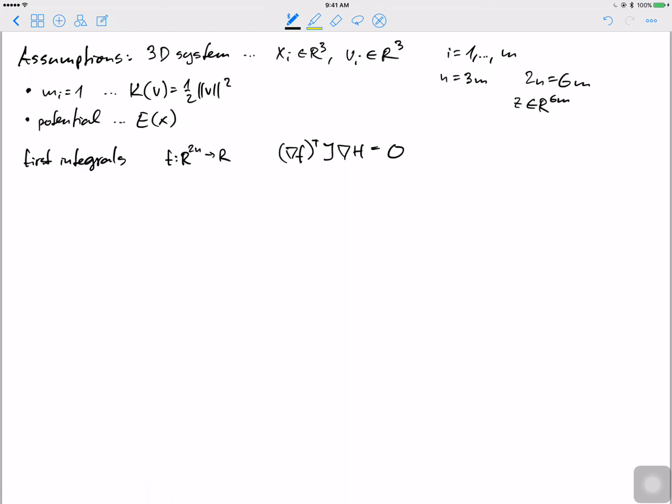Just to make sure you remember, what was the assumption necessary for linear momentum to be conserved? We said that the Hamiltonian is always a first integral, as long as the potential depends just on x, not on t. But linear momentum is not always conserved. It's only conserved sometimes, and what this sometimes was, do you remember?